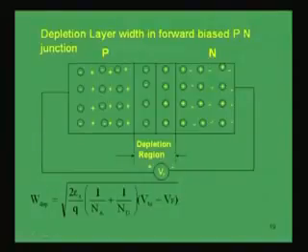So, as you can see, the depletion layer width is reducing, and if we consider the reverse bias case, the depletion layer width will be more, since more and more charge carriers will be attracted by the positive and negative terminals of the reverse bias.